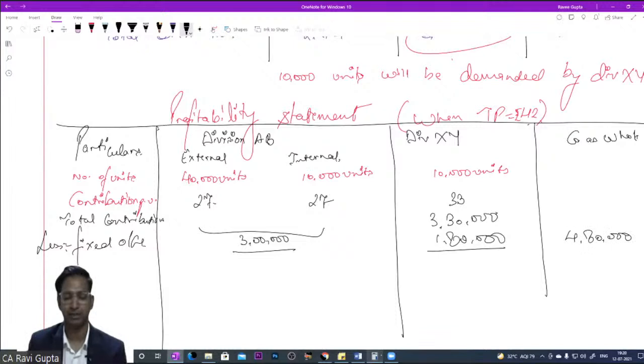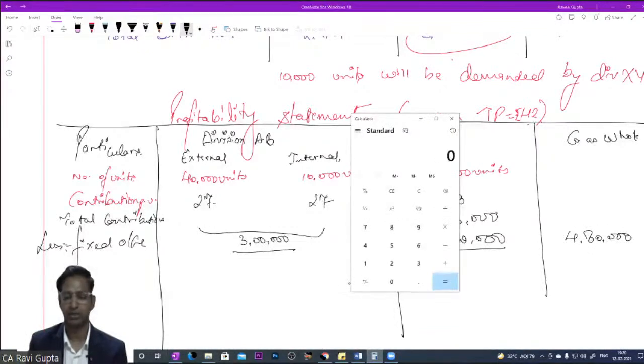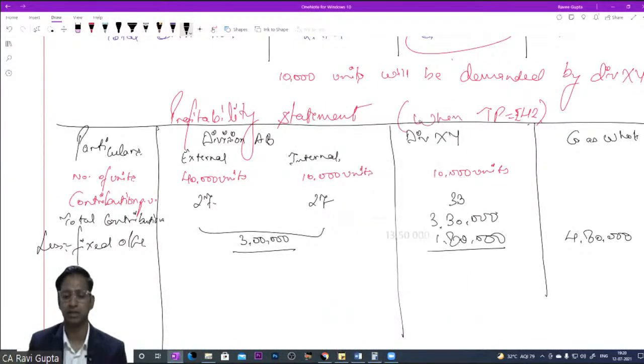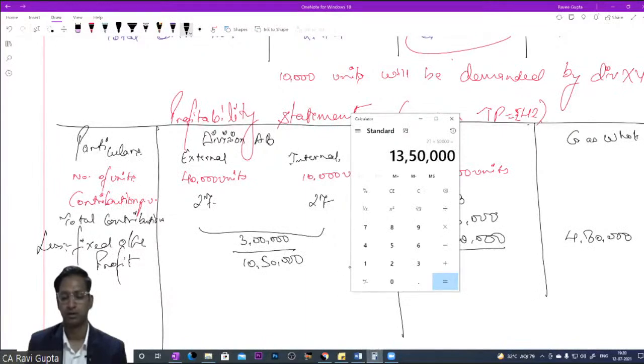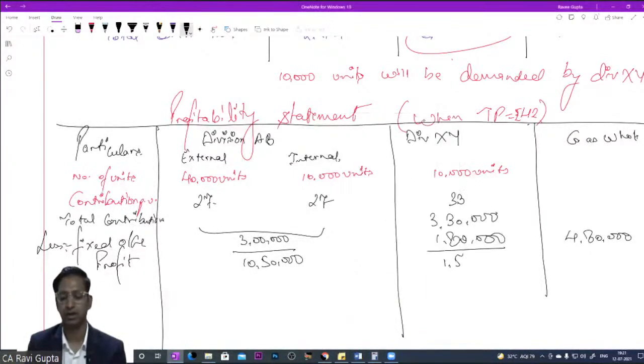It will be 27 into 50,000 rupees, 13,50,000. 13,50,000 minus 3 lakh, it will be 10,50,000 rupees as profit. For XY, 3,30,000 minus 1,80,000 is 1,50,000, the profit here.